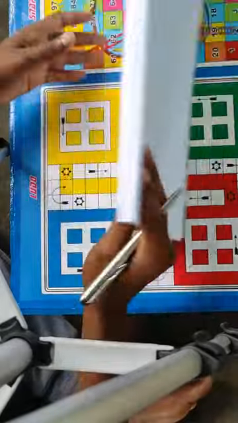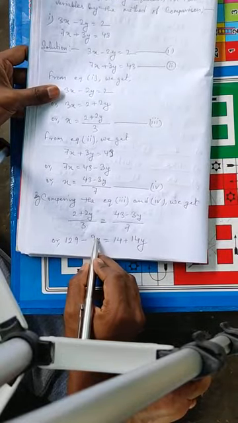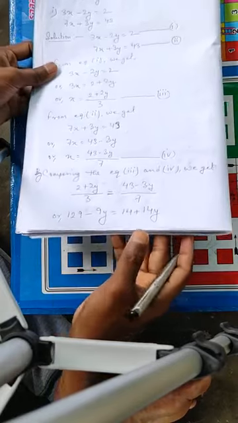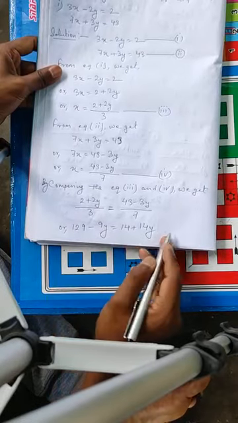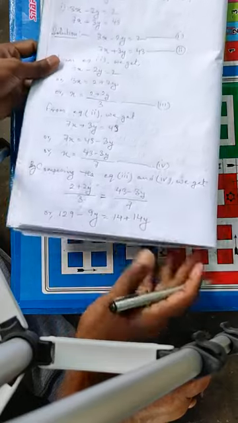Now look at there, is a 9y. 129 transfers to the right side and plus 14y is transferred to the left side.